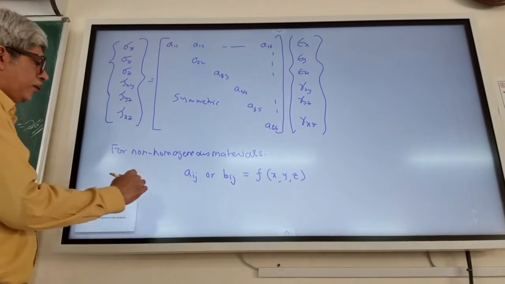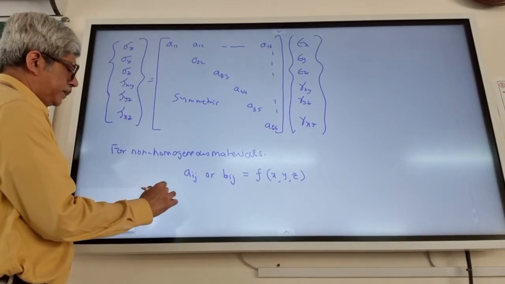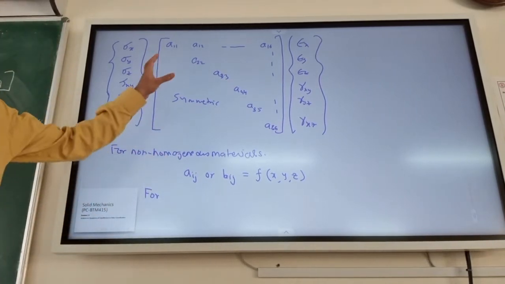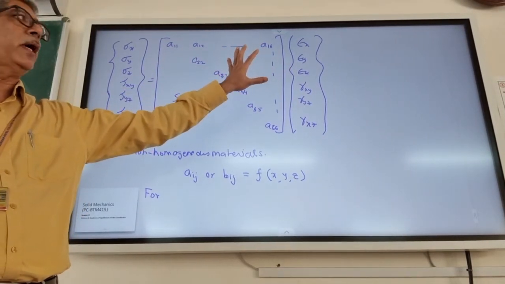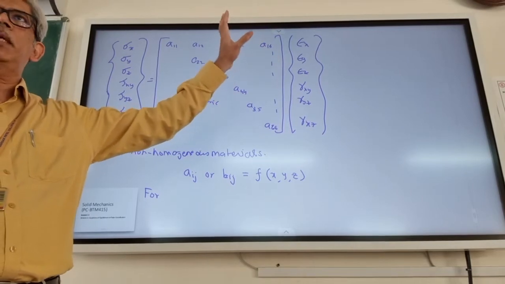Okay, and for linear materials, all these constants are constants. That means they do not depend on the values of stress or strain.